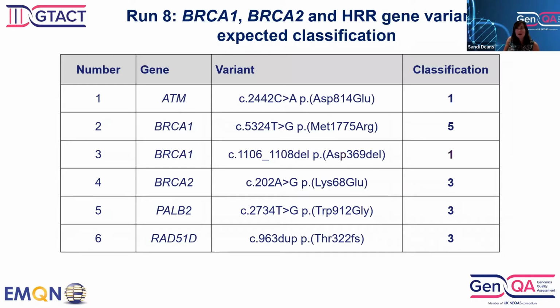This is a summary, and I guess for the first time you can see the expected classification of the variants that were included in Run 8. You can see here that we have focused on both ends of the spectrum. We have a pathogenic class 5 BRCA1 variant and 2 class 1 variants. So we'd be looking for very clear definitions of the pathogenicities for those 3 variants.